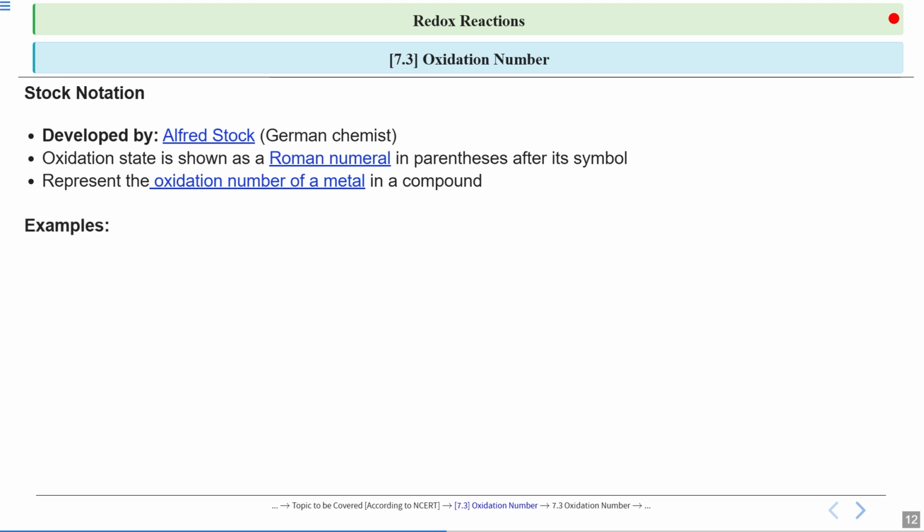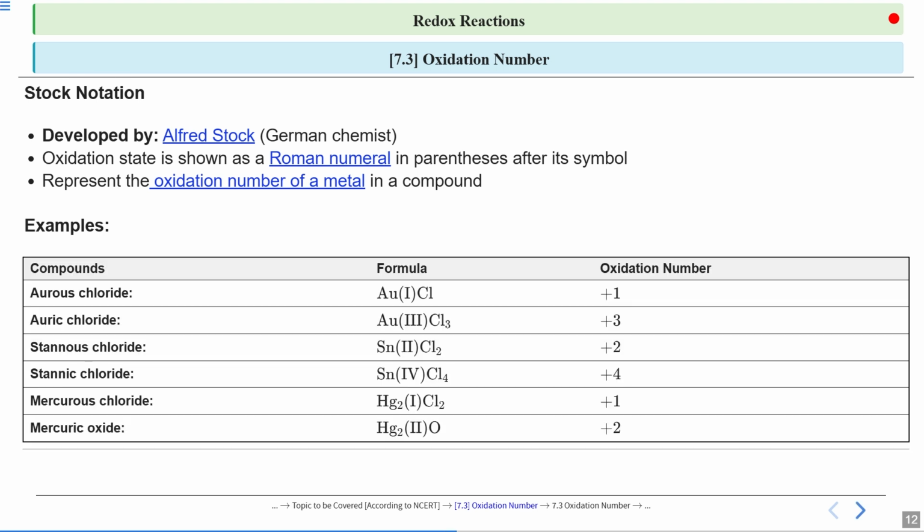Let's take some examples and understand the Stock notation. If we look at the compounds: aurous chloride, that is AuCl; auric chloride, that is AuCl3; stannous chloride, that is SnCl2; stannic chloride, that is SnCl4; mercurous chloride, that is Hg2Cl2; and mercuric oxide, that is HgO.